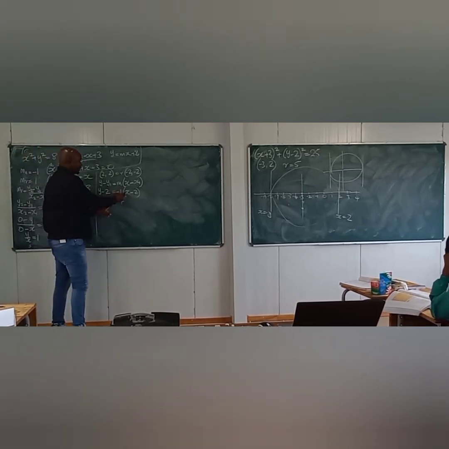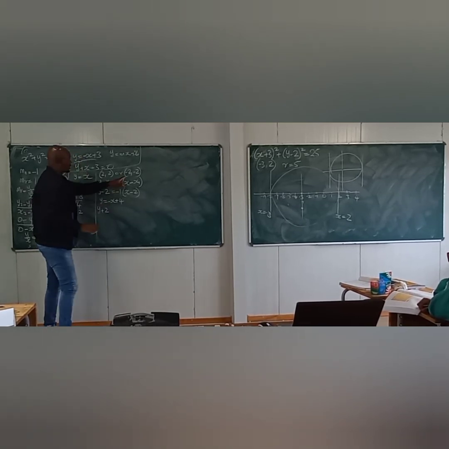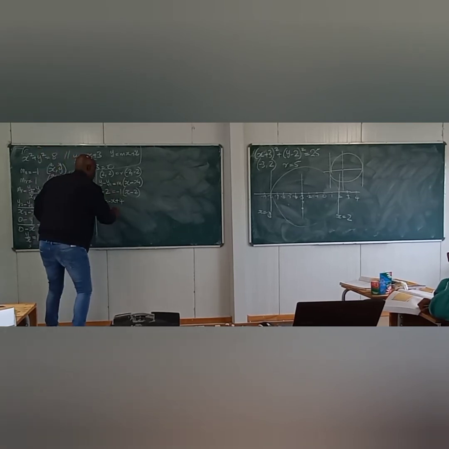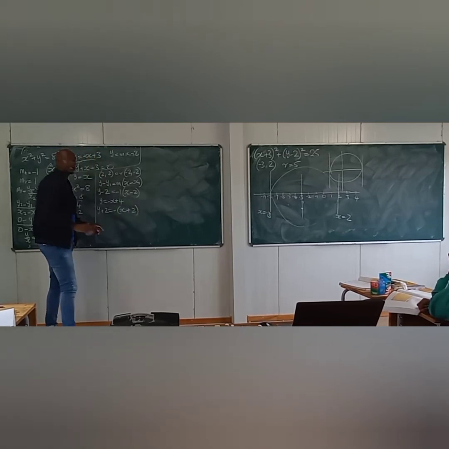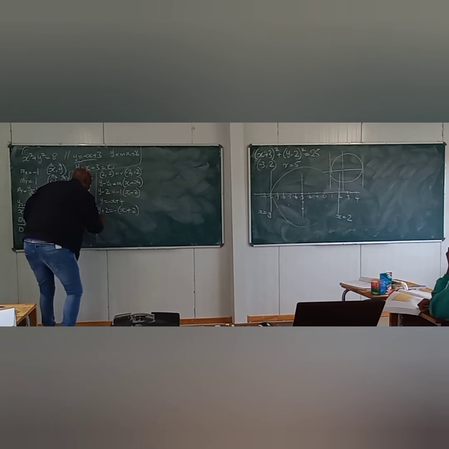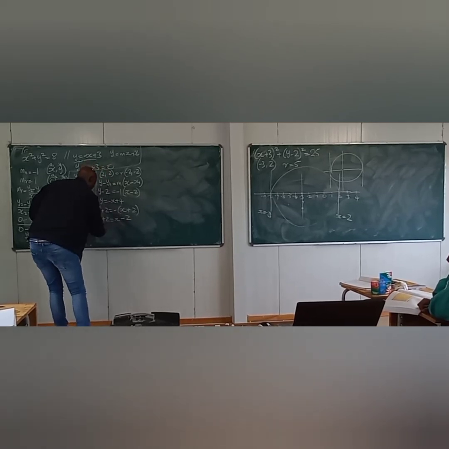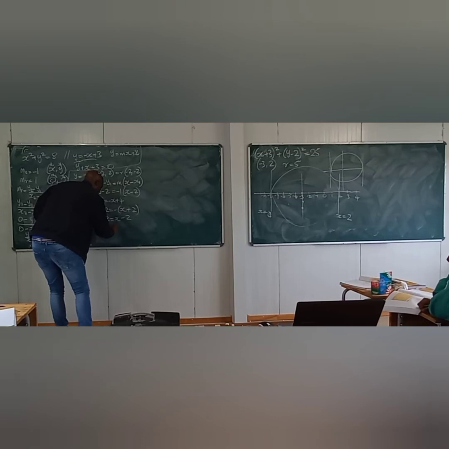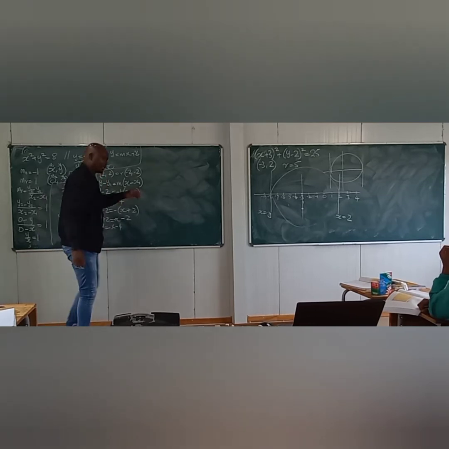For the second point, y plus 2 equals to negative 1 into x plus 2, so y plus 2 equals to minus x minus 2, and y equals to minus x minus 4.